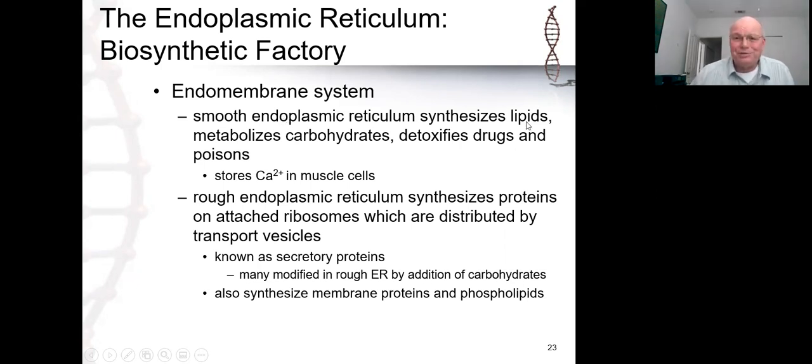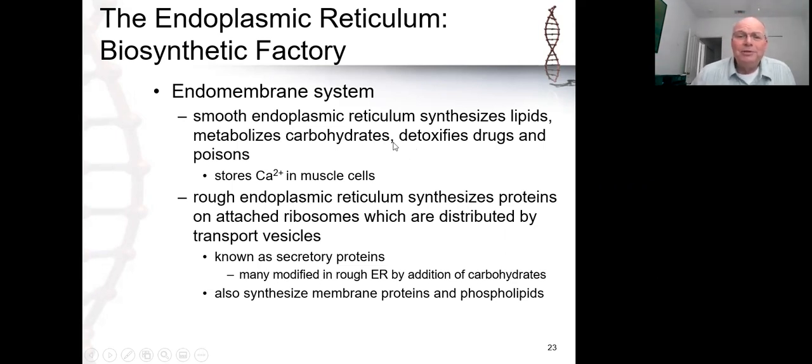All of the lipids that are involved in all of the membranes, wherever they are located within cells, but particularly the membranes of the organelles that are involved in the endomembrane system, are made in the smooth endoplasmic reticulum. And there's a reason for that, as you'll see.